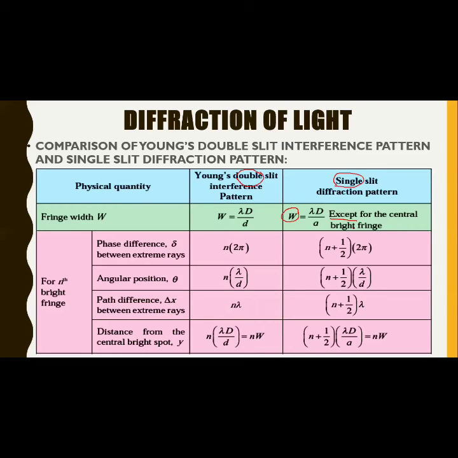So whatever four types you have, this is for a bright fringe. Okay, so phase difference in case of double slit is n pi plus half into 2, path difference n lambda, यहाँ पे n plus half है.